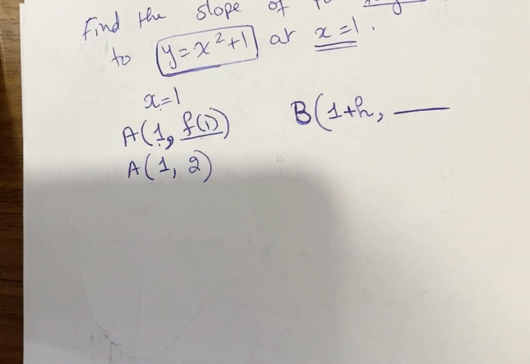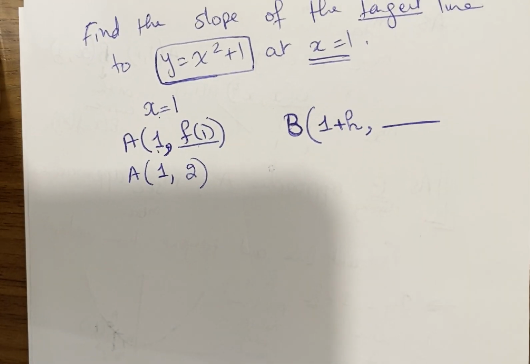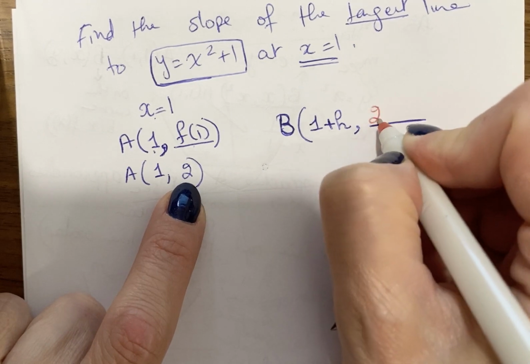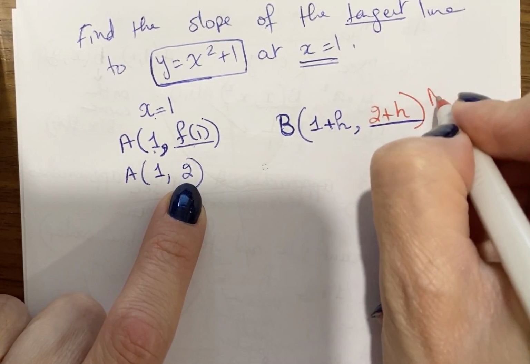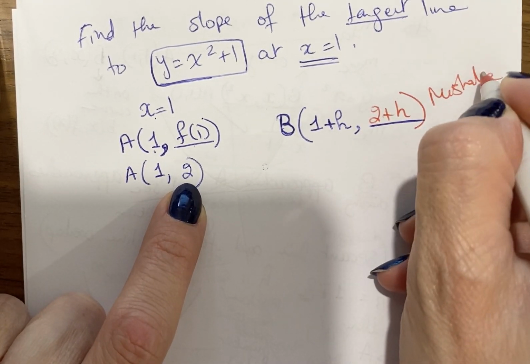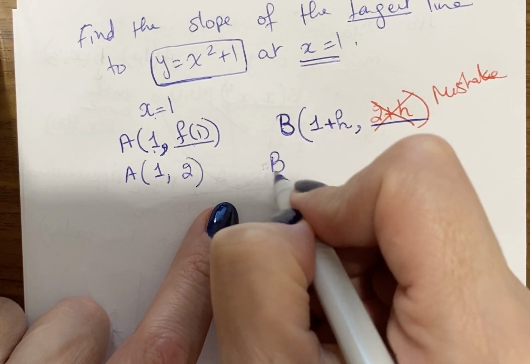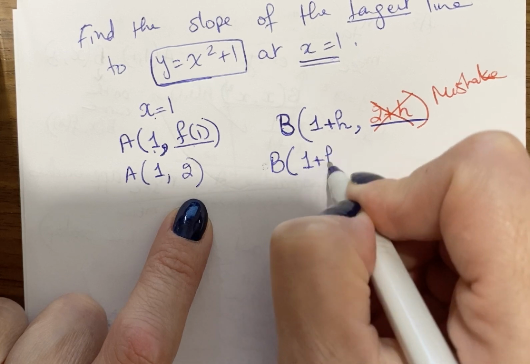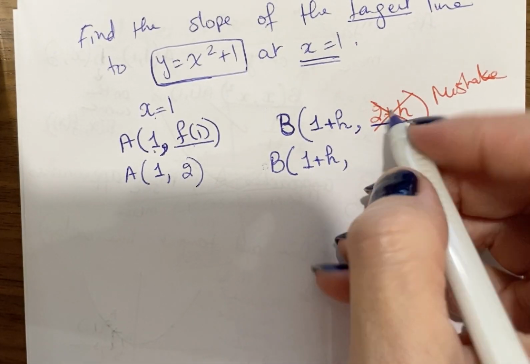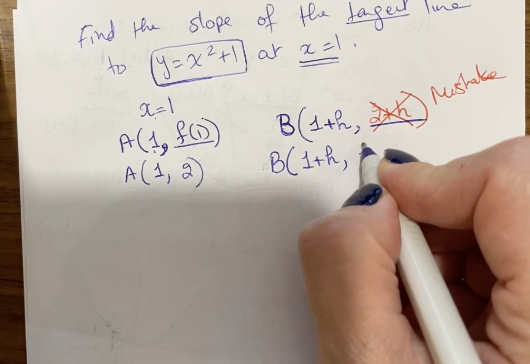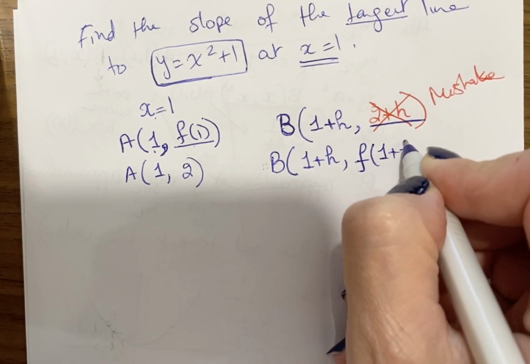They write here 2, this 2 plus h. Mistake, big mistake, huge. This is not correct. What's the right way? You choose x. y cannot be chosen. y has to be f of x.